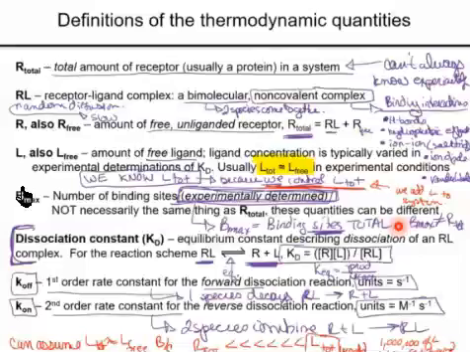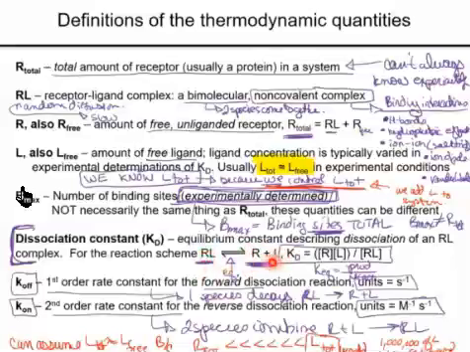The next item that we're going to look at here is what you're going to be calculating for homework, the dissociation constant. A dissociation constant is an equilibrium constant describing the dissociation of a receptor ligand complex. And here's the reaction we're dealing with. We have the receptor ligand complex, which can break down to give us free receptor and free ligand.